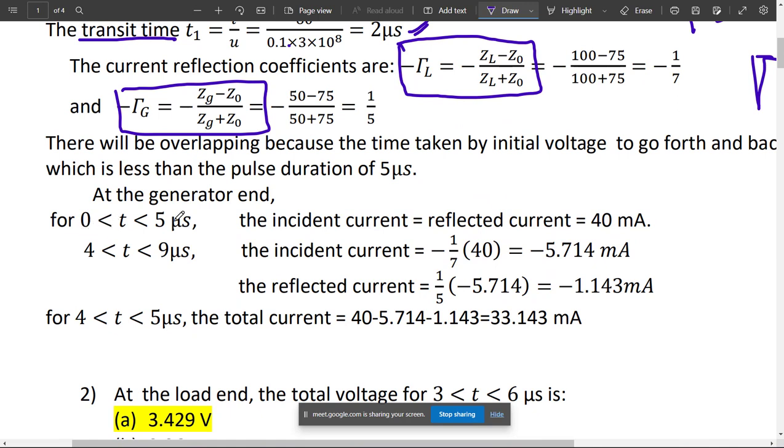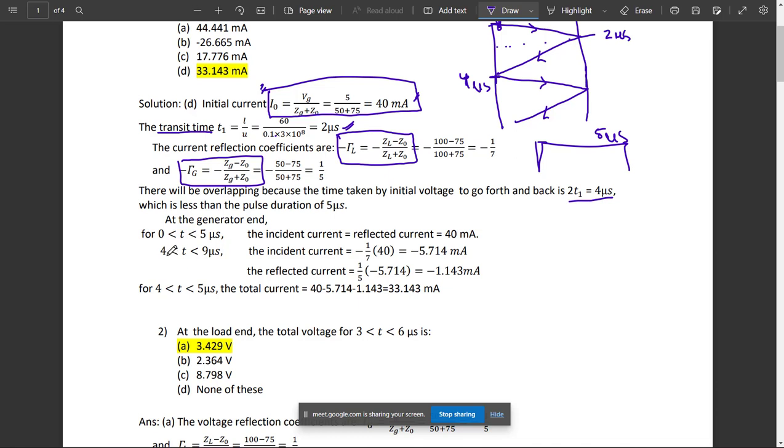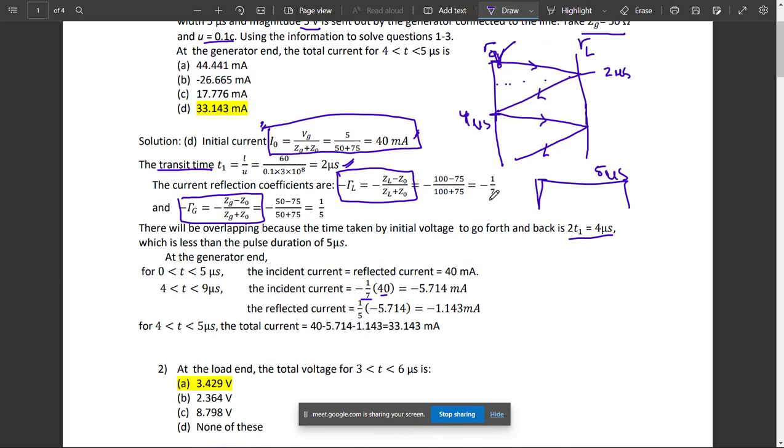from 0 to 5 microseconds, the incident current will be equal to the reflected current, right? At 4 microseconds, there will be a reflection, right? So from 4 microseconds to 9 microseconds, the incident current will become the current into the reflection coefficient of the generator, right?